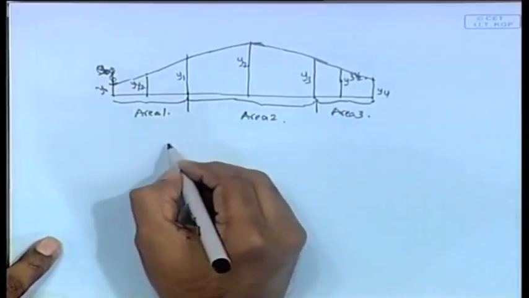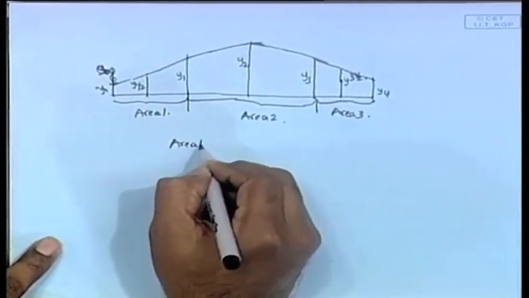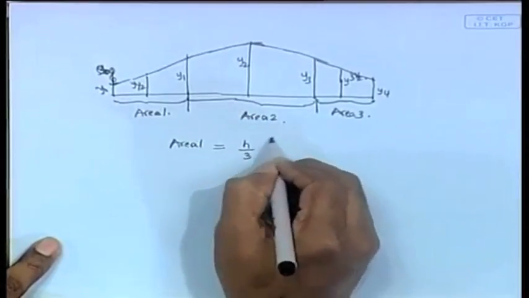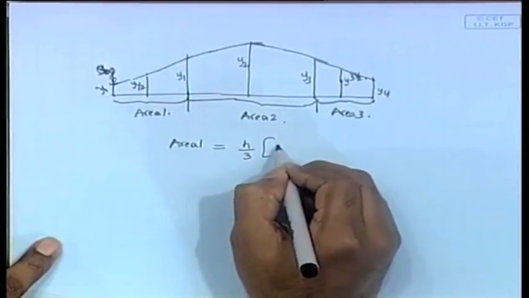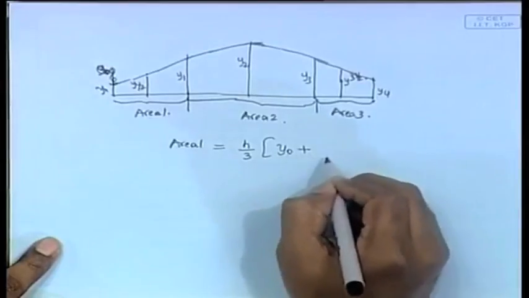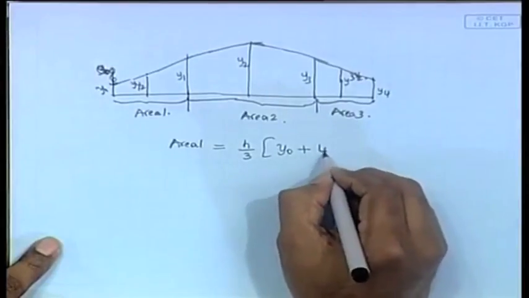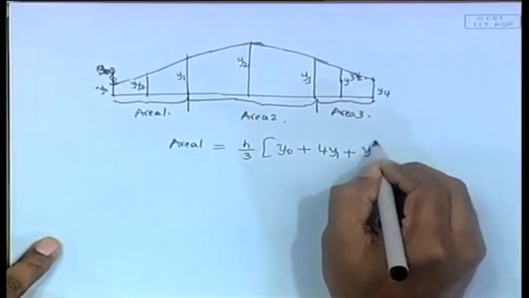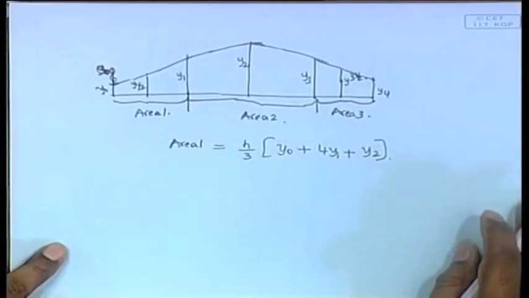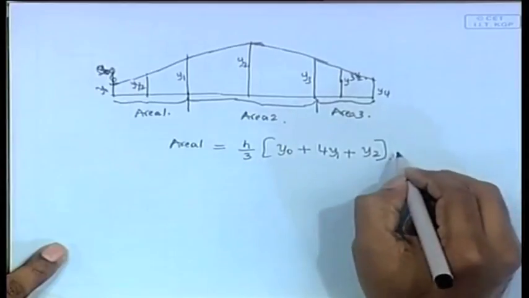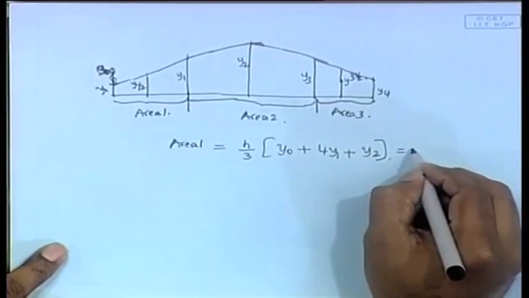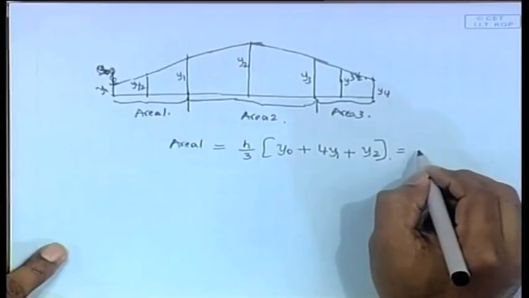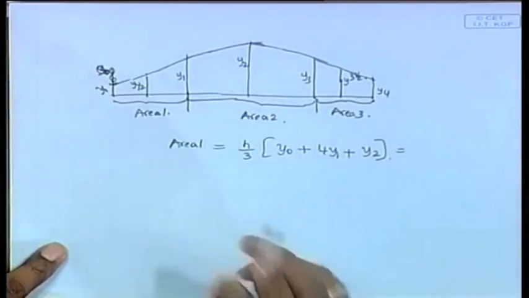So, the first area, area 1, is given by h by 3 into y 0 plus 4 y 1 plus y 2, the basic Simpson's rule.